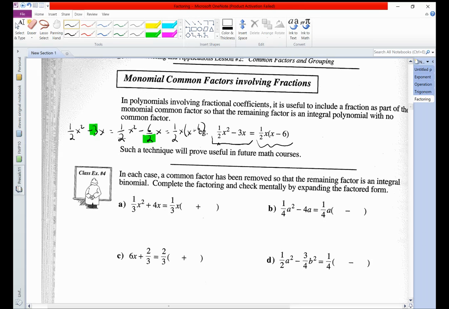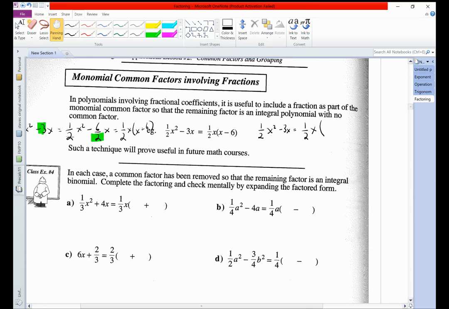The other way to think about it is like this. If you have your 1/2 x squared minus 3x, and I know I want to remove 1/2 x from it, well, the first term, if I remove 1/2 x from 1/2 x squared, I'm left with x.